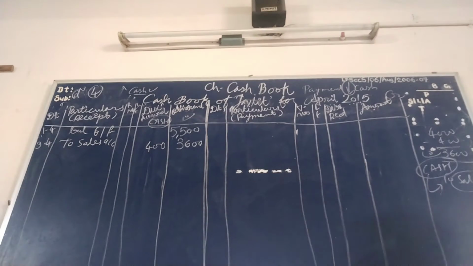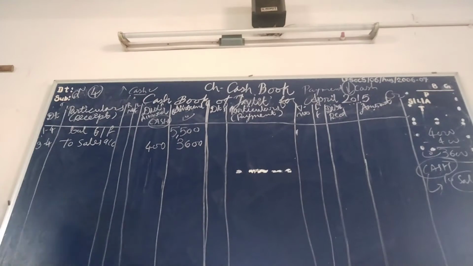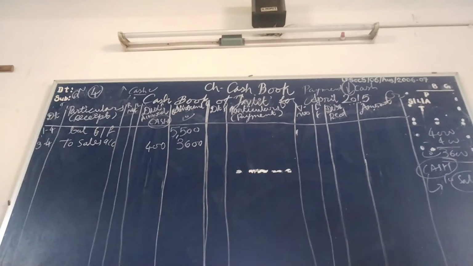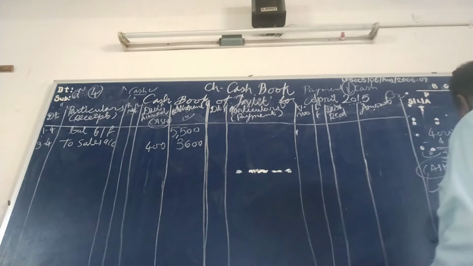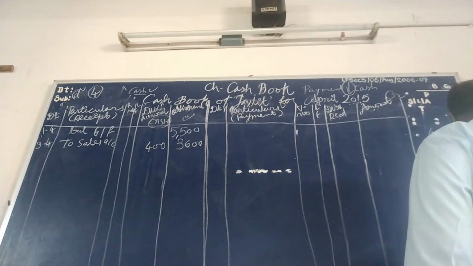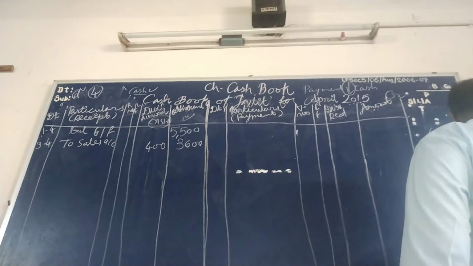Next, 4th of April, goods of 3,000 sold at 10% trade discount. We give the party 10% trade discount. So 10% trade discount will be deducted, but it will not be recorded in the books of account because it is trade discount. So 3,000 minus 10% trade discount, it is 300.